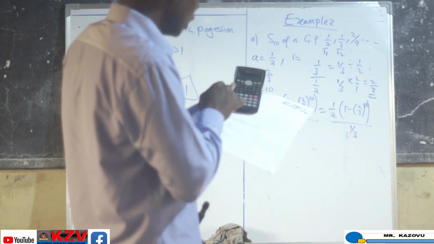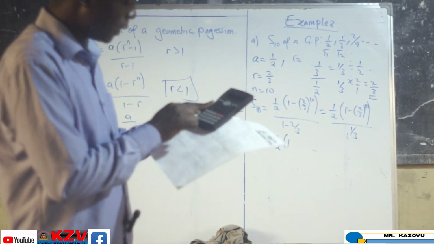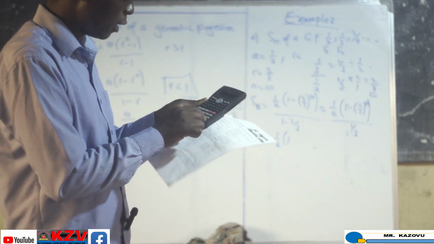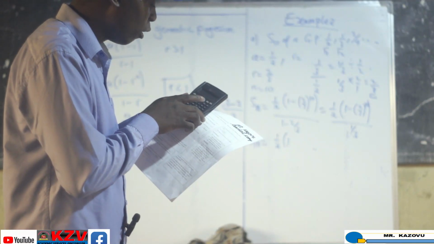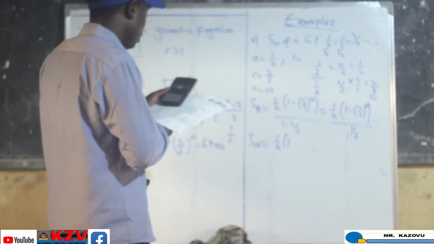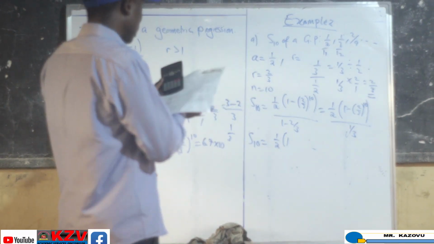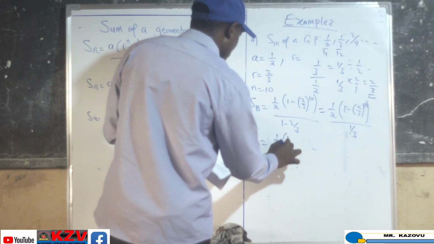Close. And then power. This is the power. The power 10. It's giving me 0.017.